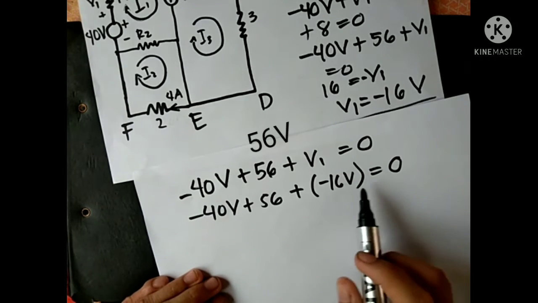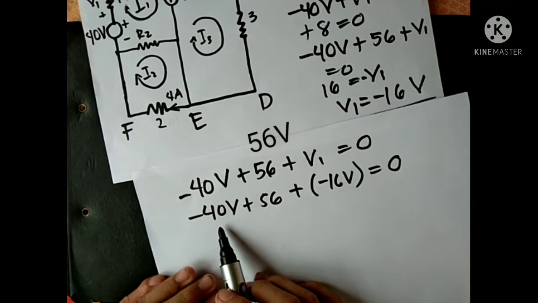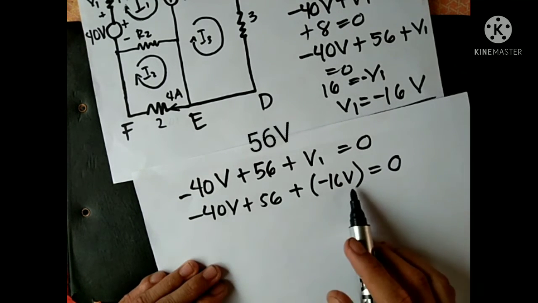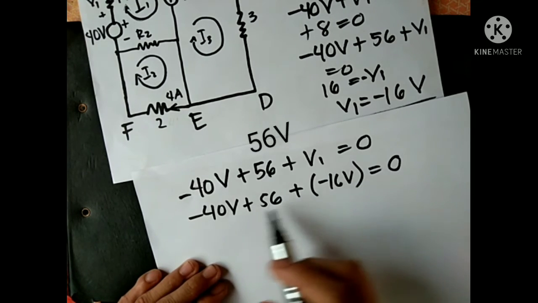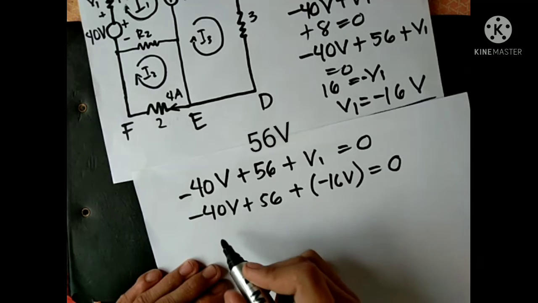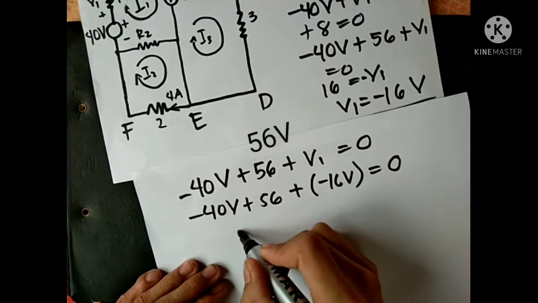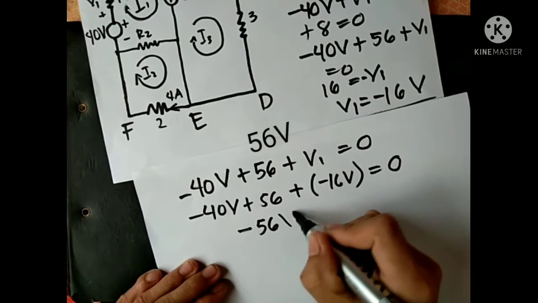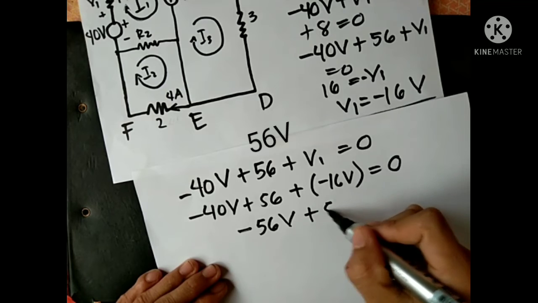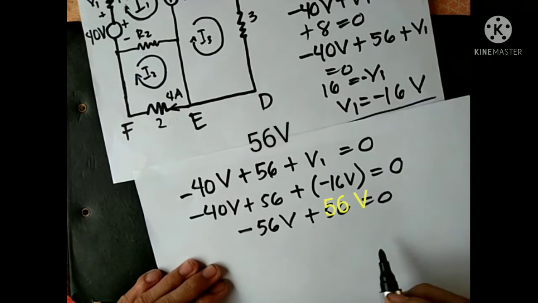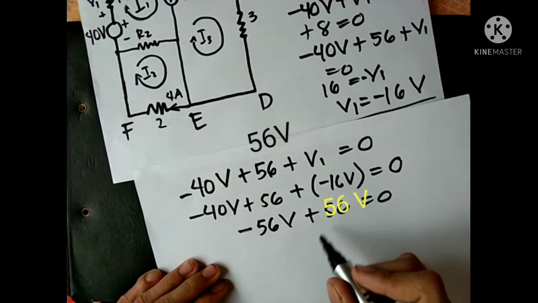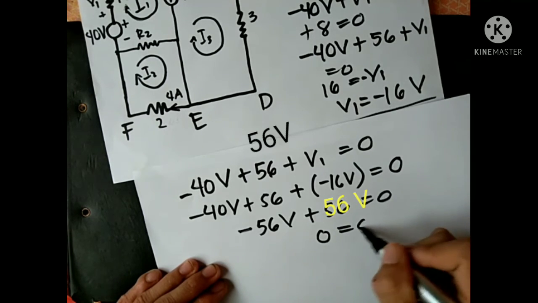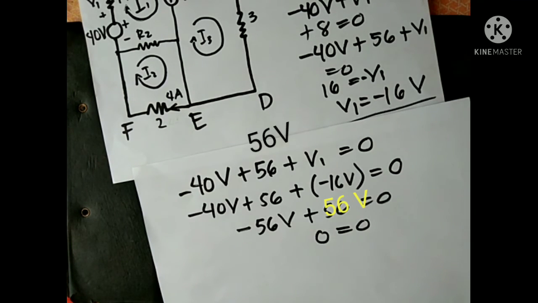Combining the same signs, negative and negative, it becomes a negative 56 volts. We add the plus 56, and negative 56 plus 56 is equal to 0. So 0 is equal to 0. This is the correct answer.